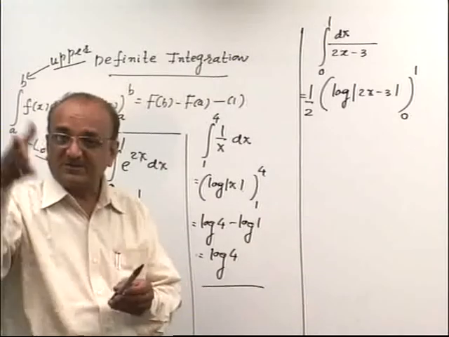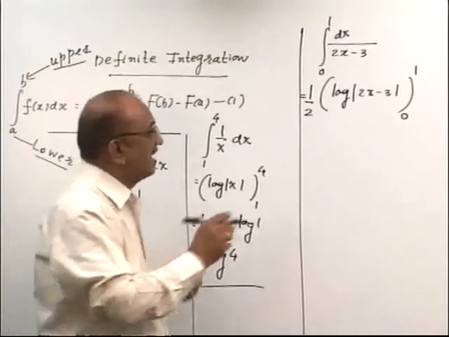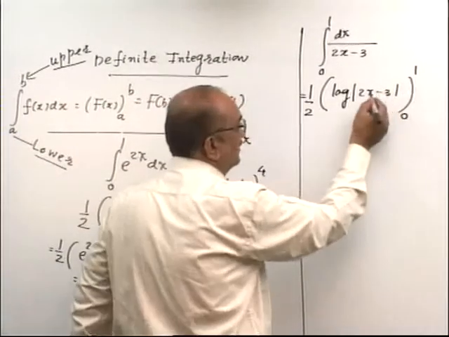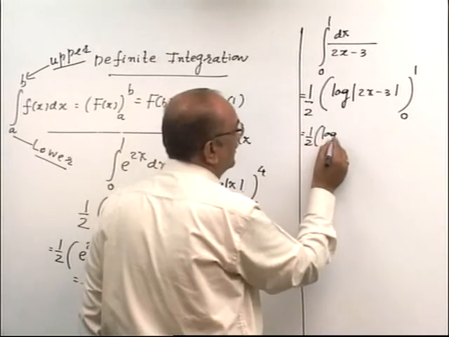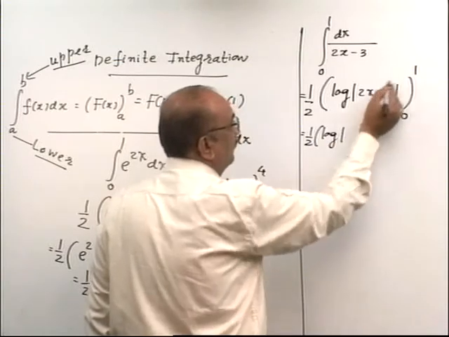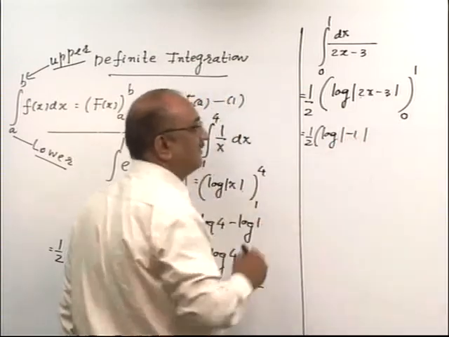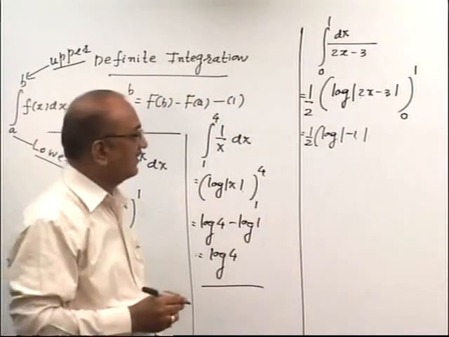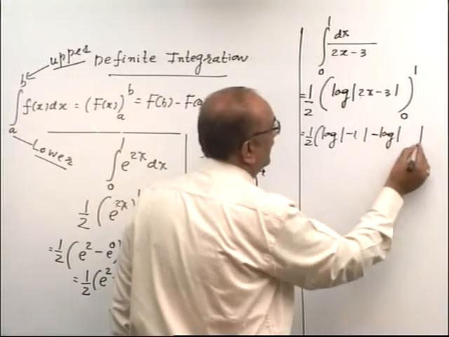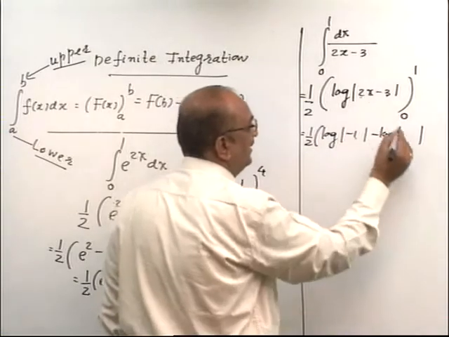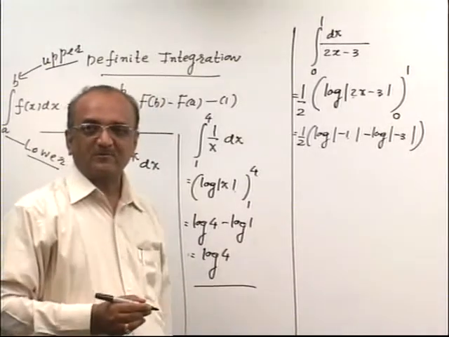Now the limit is 0 to 1, substitute for x: 1 upon 2 log of modulus, put x equal to 1, that is 2 minus 3, which is minus 1, minus log of modulus, put x equal to 0, this is 0 minus 3, minus 3. Modulus of minus 1 is plus 1.